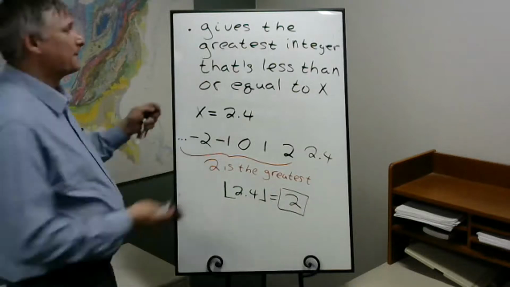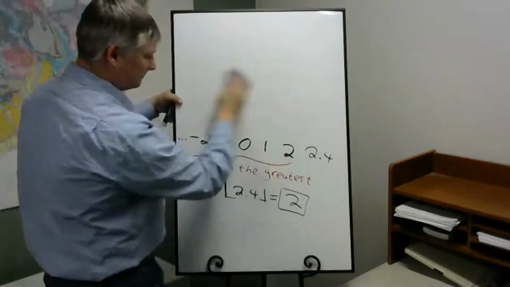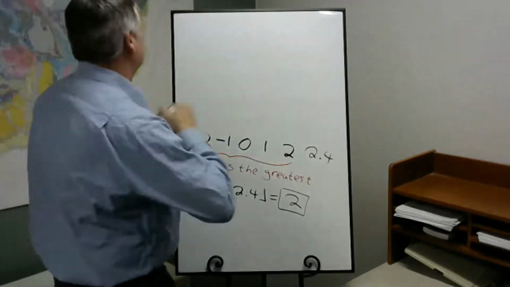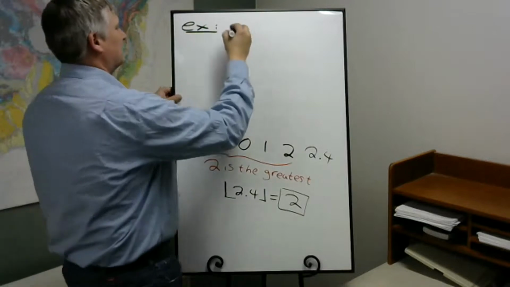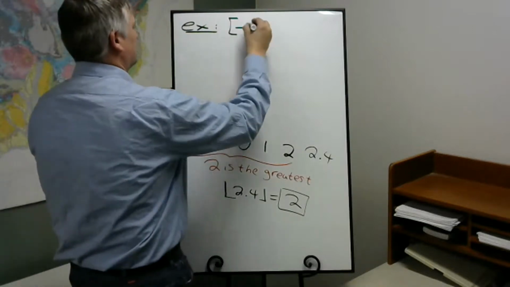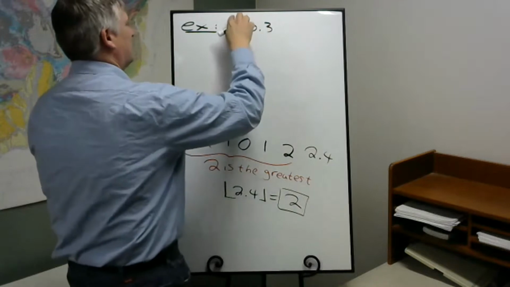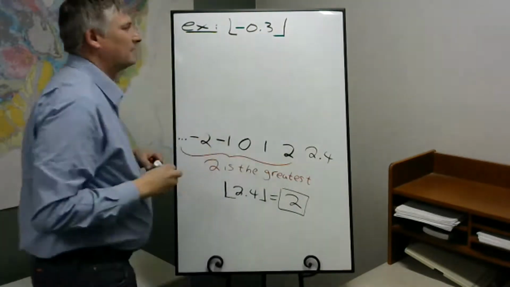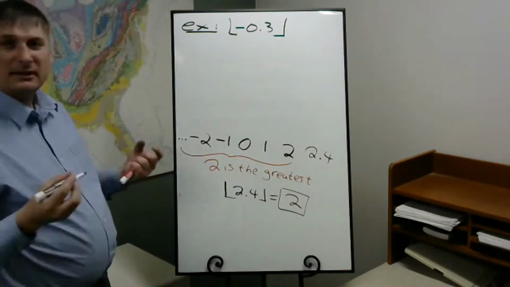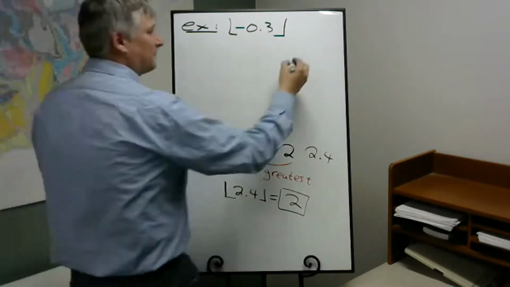Now let's take a look at another one. So again, let's look at the integers smaller than negative 0.3.